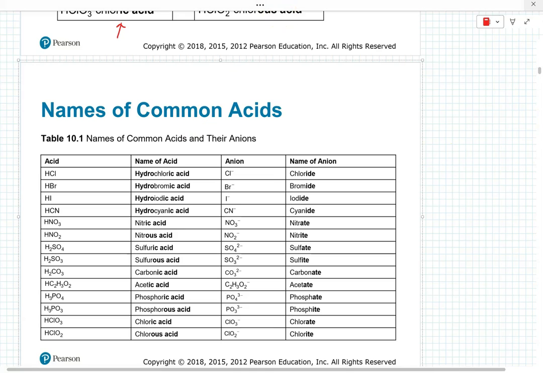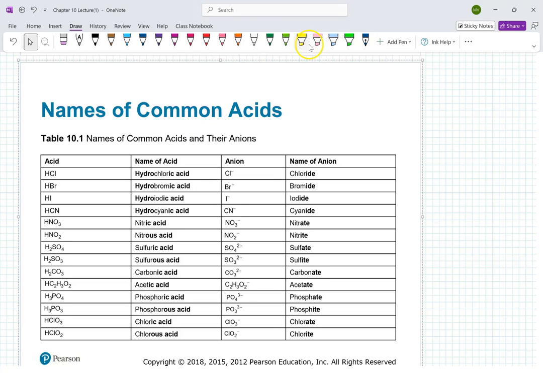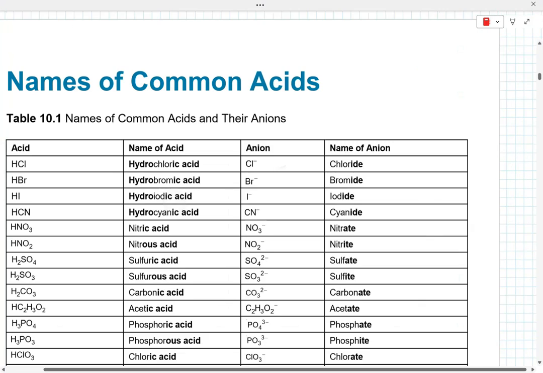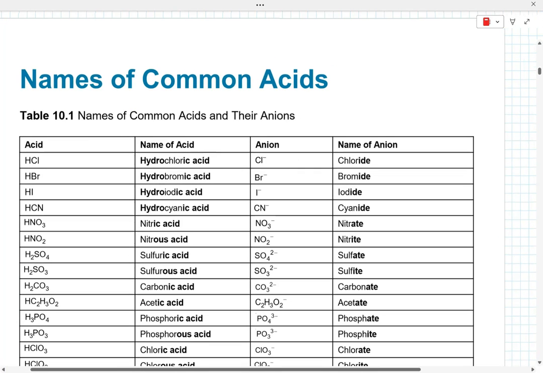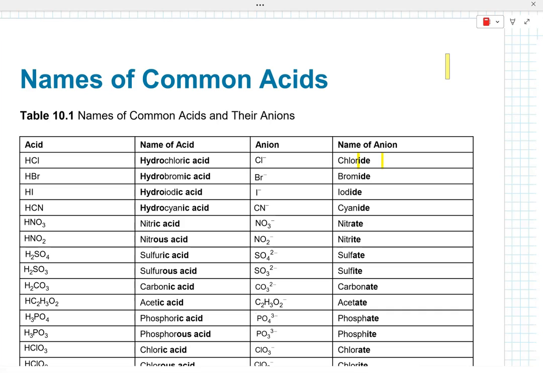So, if you have the anion that is either chloride or bromide or iodide or cyanide, so here's what you get. IDE, and hydro in the beginning, IC at the end.